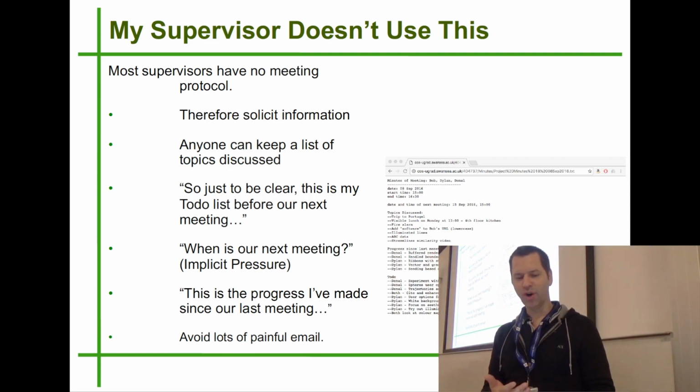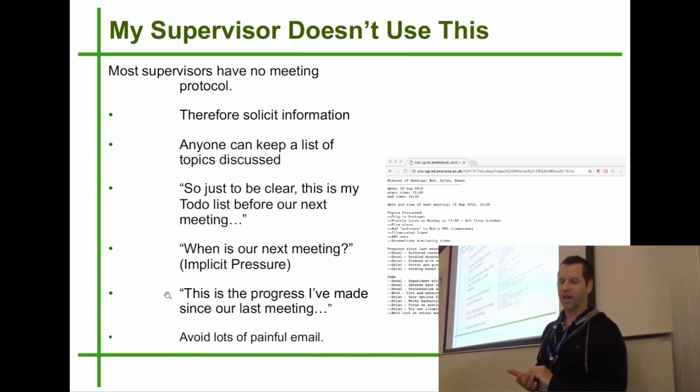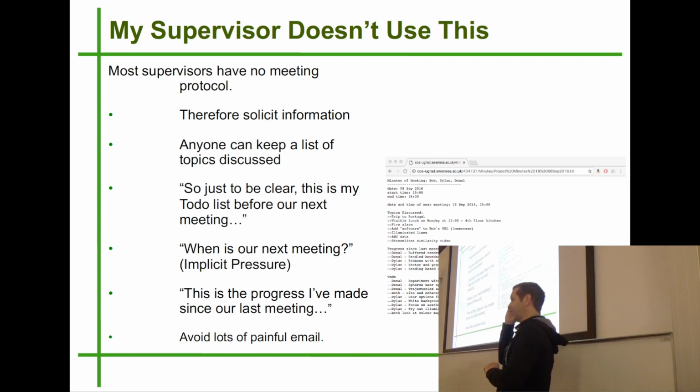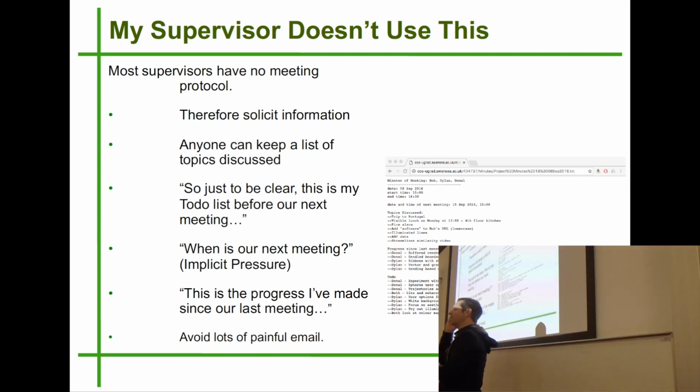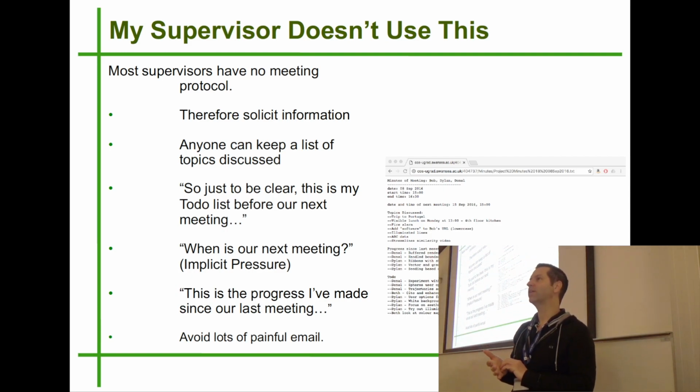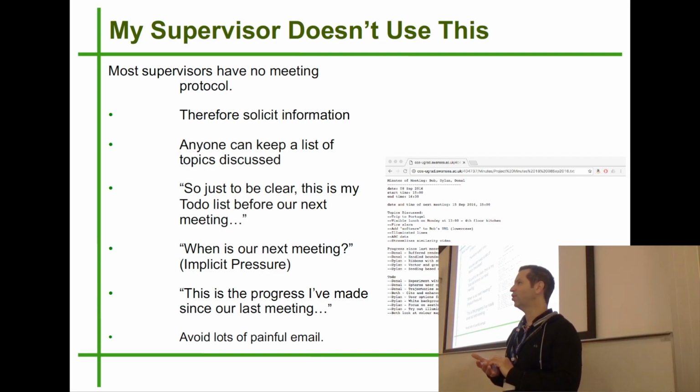And you can show up to your next meeting, now that you know exactly what your supervisor is thinking, and say, this is the progress I've made since the last meeting. If you actually do this, your supervisor's going to be shocked.